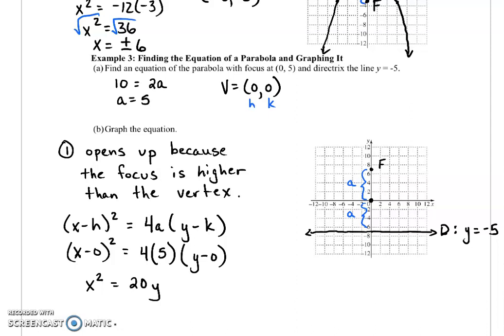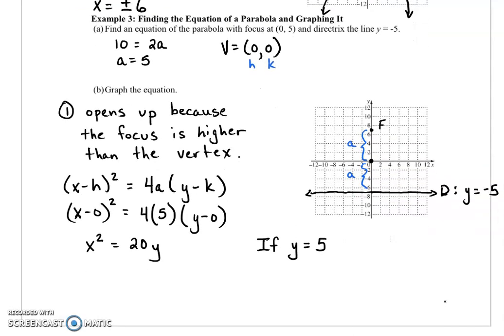So again, we need to pick something to plug in for y so we can figure out what our x has to be, because we need a couple more points to graph. So I'm going to say let y equal 5. That just happens to be our a. That's usually a good number to pick. And then x squared will equal 20 times 5, which means x squared equals 100.